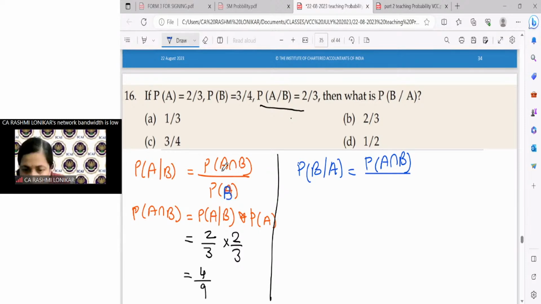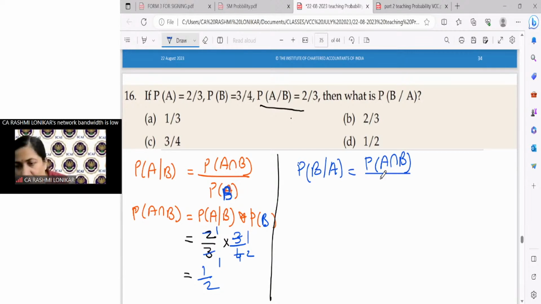P(A given B) is P(A intersection B) upon P(B). Sorry. So P(B). What is P(B)? P(B) is given to me as 3 by 4. Okay, so 3 ones are 3, 2 twos are 4. So the answer is 1 upon 2. A intersection B is 1 upon 2.